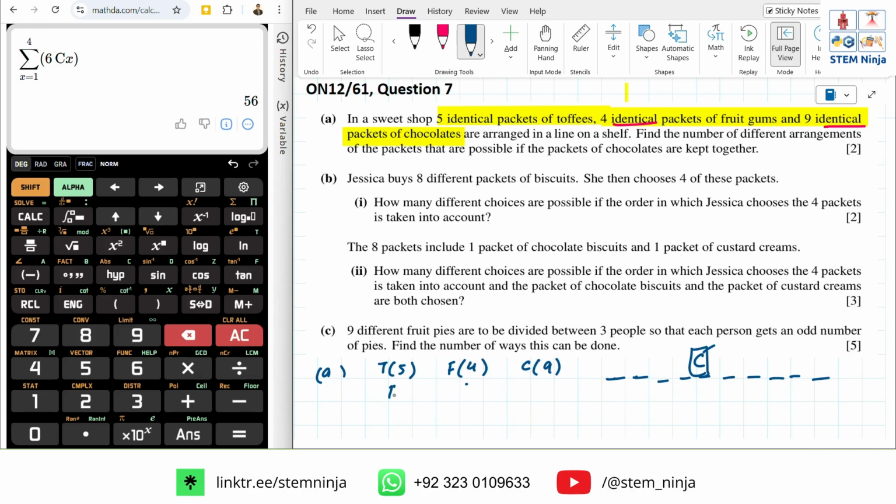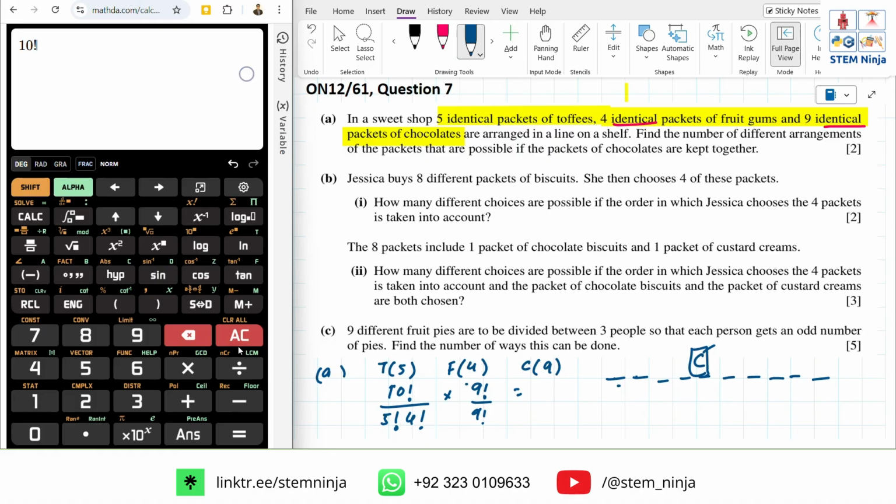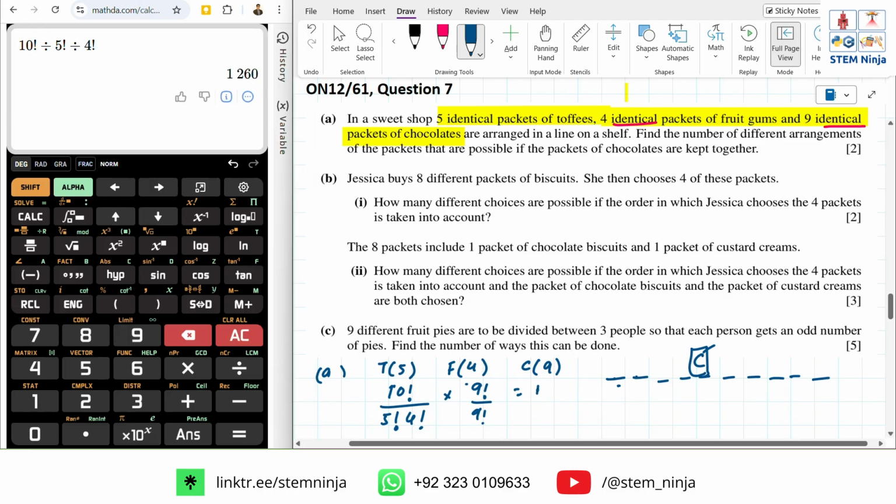So 10 things we have, 10 groups, out of which you have 5 identical toffees, 4 identical fruit gums, and the 9 group that you have, they are also all identical. So basically, we didn't actually need that, but for thorough practice, 10 factorial divided by 5 factorial times 4 factorial, so 1260.